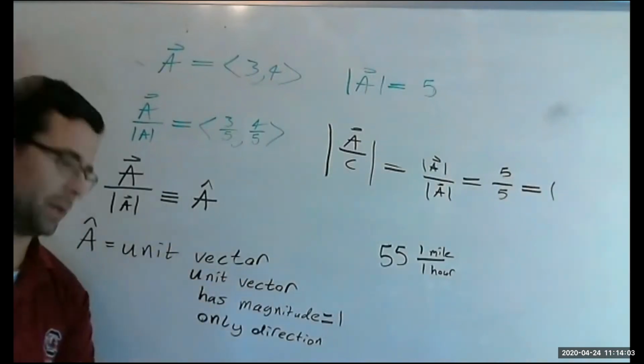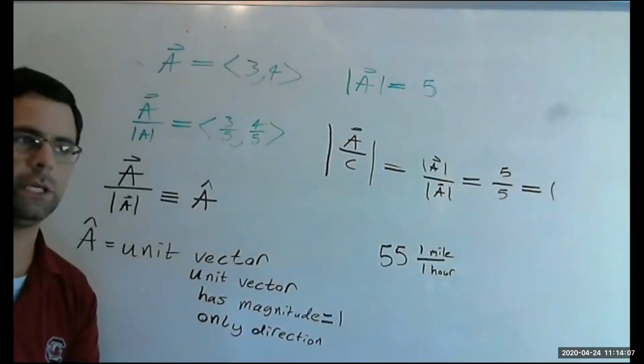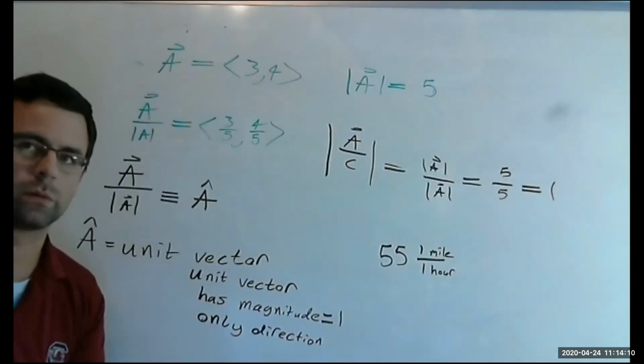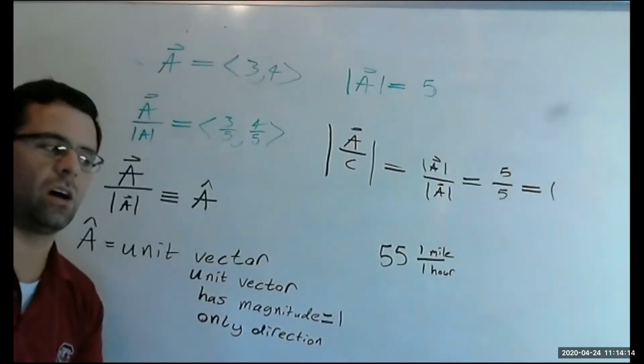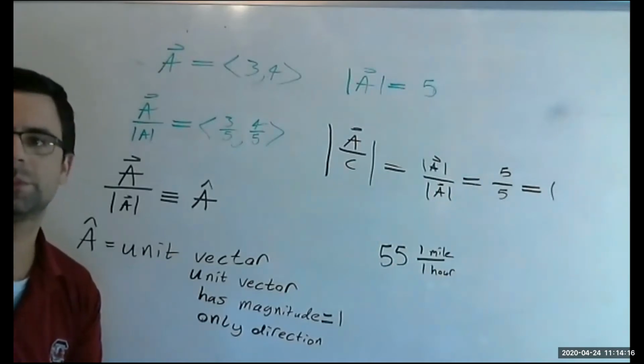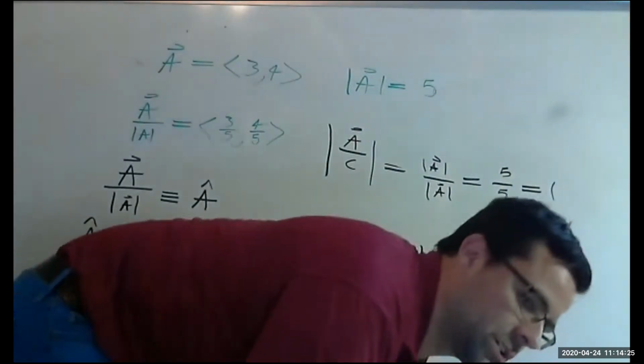It depends on what units you're talking about, it could be meters or feet or whatever, but the idea is that it's all direction. So a unit vector has a magnitude of 1 and is all direction.